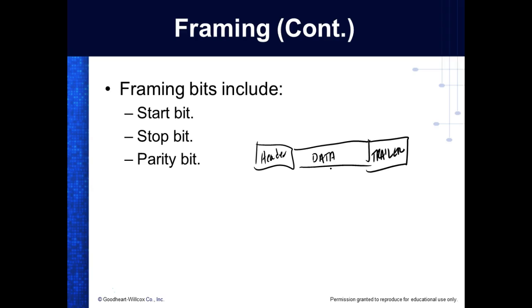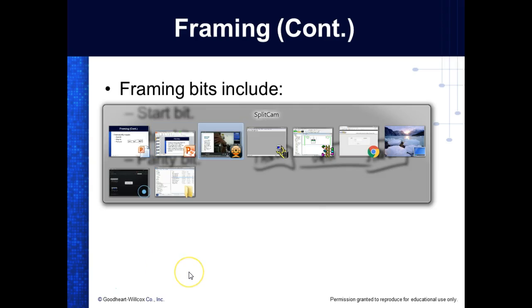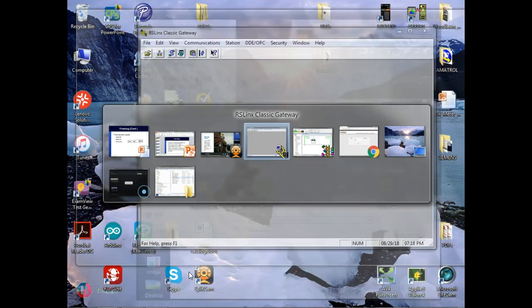This is the RS-232 interface, which is what I'm using to communicate with this. So where's my RF links at? Did I close it out?